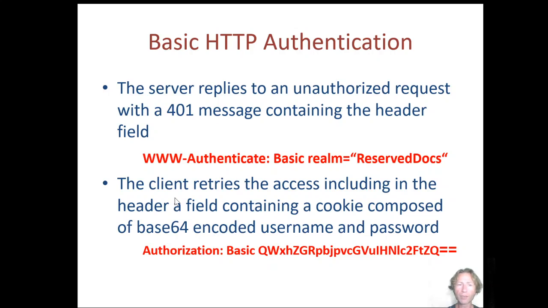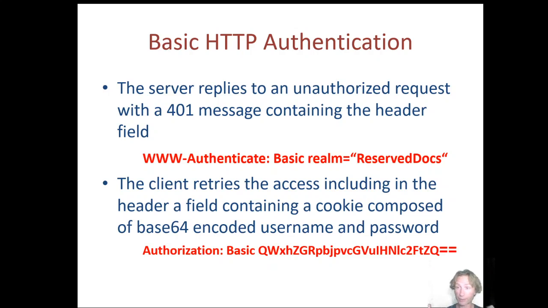So the client retries the access and now includes in the header an authorization field that contains a cookie composed of base64 encoded username and password. Here we say that in the client request, it's basic authentication that we're providing, and here is the username and password.